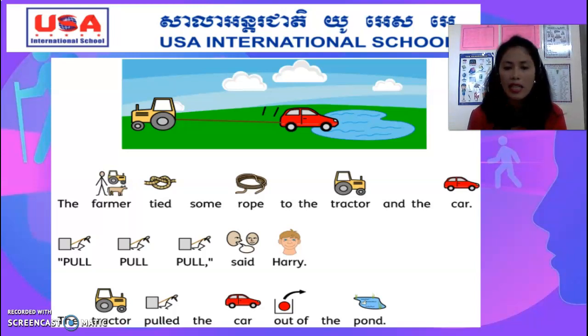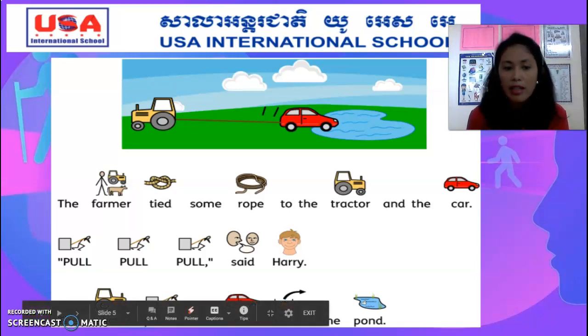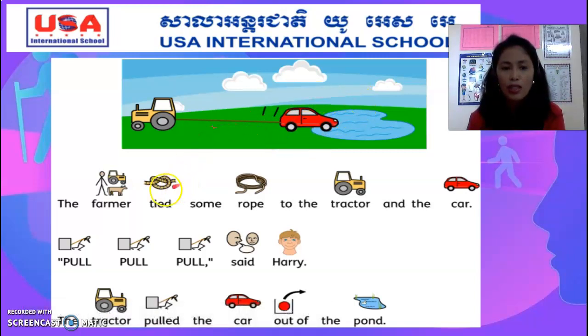So here, what's the name of the farmer? It's Harry, right? And what did he use to pull this car from the pond? He used some rope. And why do you think that the tractor, with the help of the farmer, pulled the car from the pond?